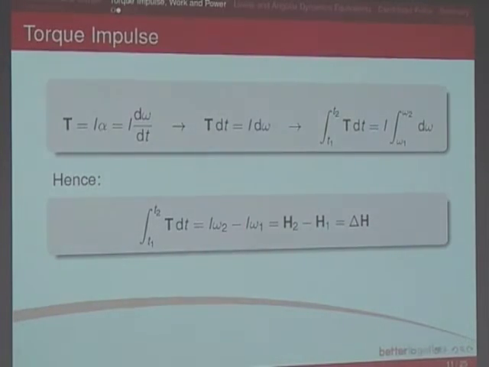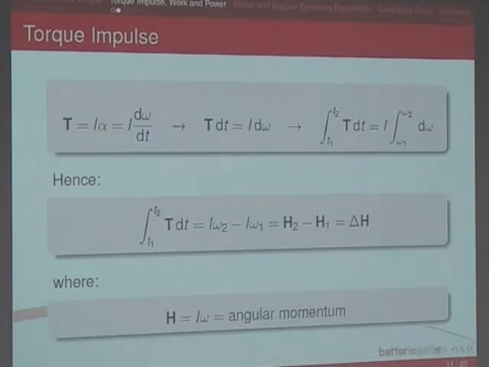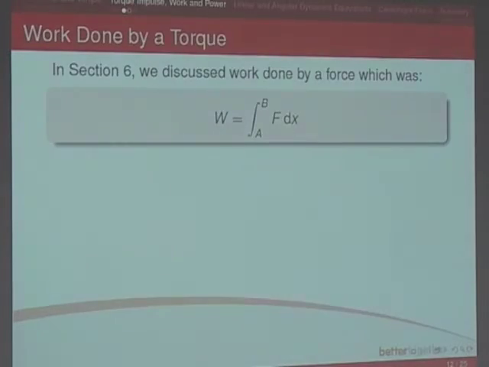And that's equivalent to the linear value. We had the force impulse was the change in linear momentum, P2 minus P1. We've got the same thing here, where H is the angular momentum.